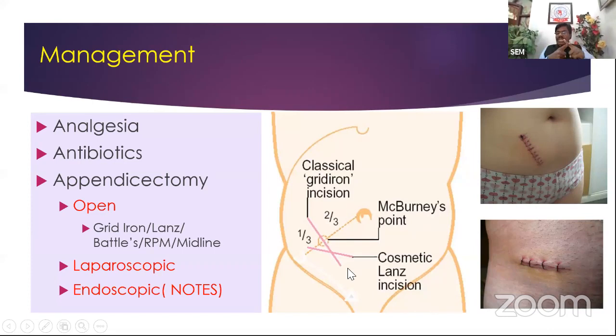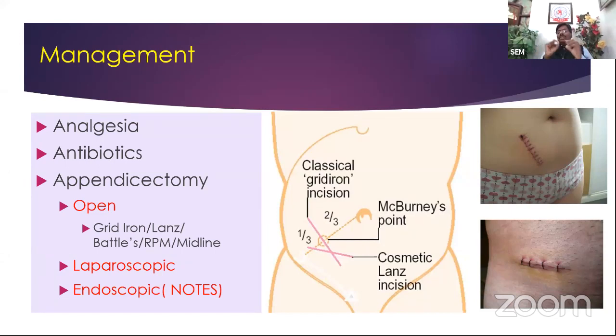Each layer is exposed in a different direction so that there is no weakening of the wound. So the wound weakening is less in a classical gridiron incision.